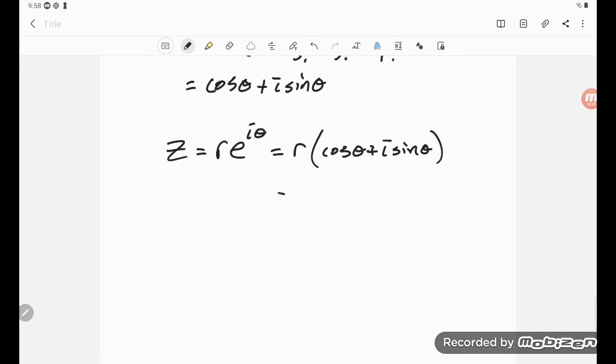Okay, but we could also just write that as x plus iy. So there we have lots of different forms for our variables, complex variables.